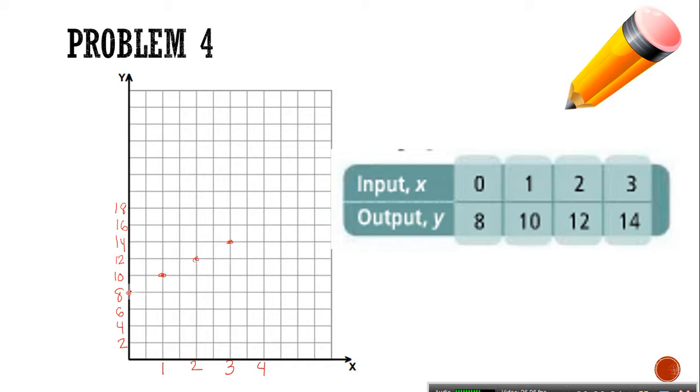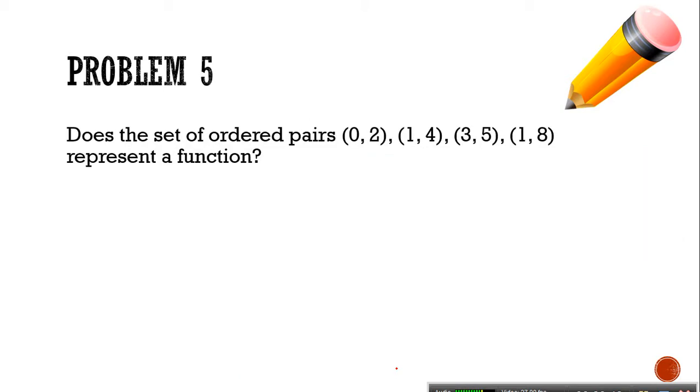Now if you notice, if I connect my dots to the best of my ability, I actually have another straight line. That also proves that that's a linear function, because any linear function will graph and make a straight line.